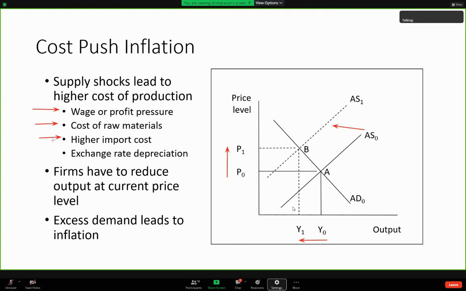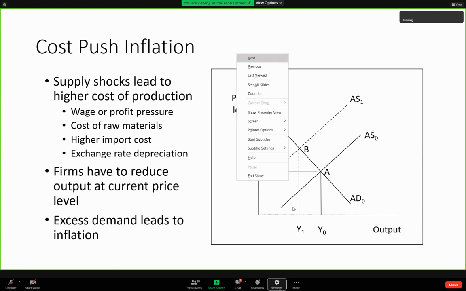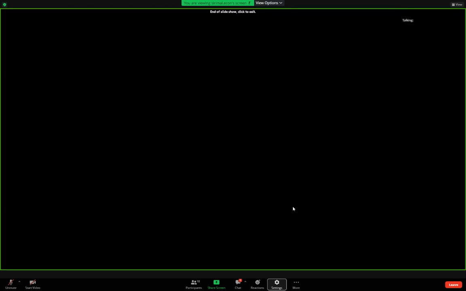Fuel prices go up. Exchange rate depreciation. We have seen already how exchange rate depreciation increases our price level. So all these things will result in cost push inflation. Yeah, that's all.